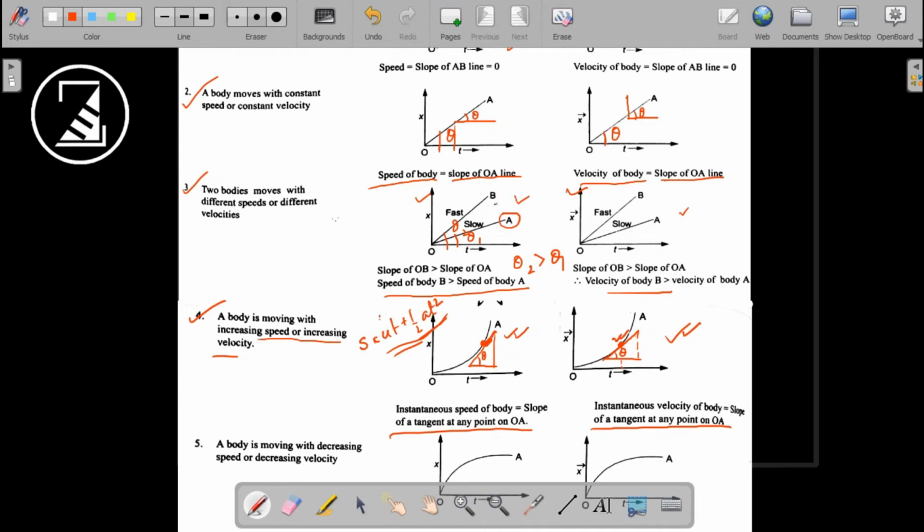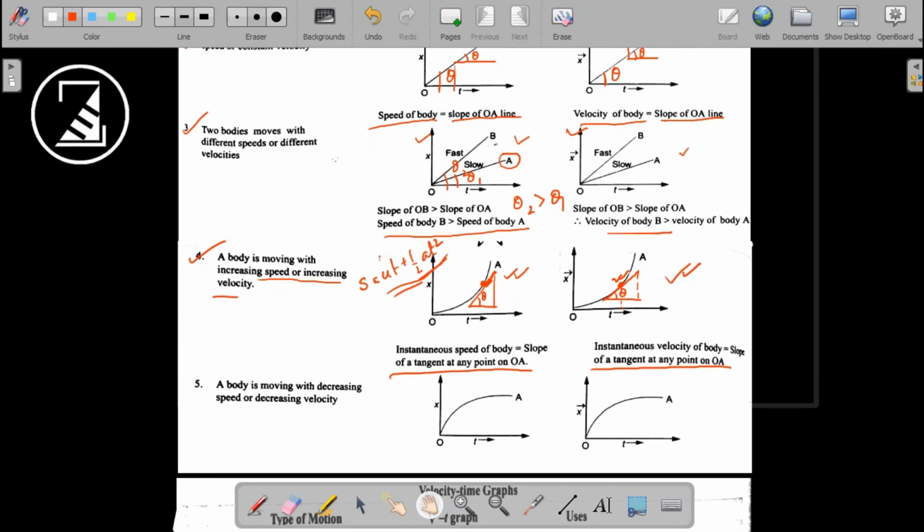Okay. Now, when the body is moving with decreasing speed or decreasing velocity, here S is equal to ut minus half a t squared, because the speed is decreasing. That's why the velocity is decreasing. Therefore, we will get the equation of a parabola.